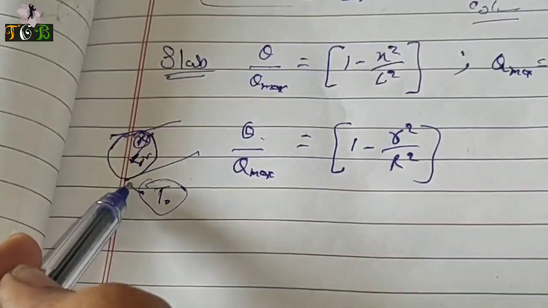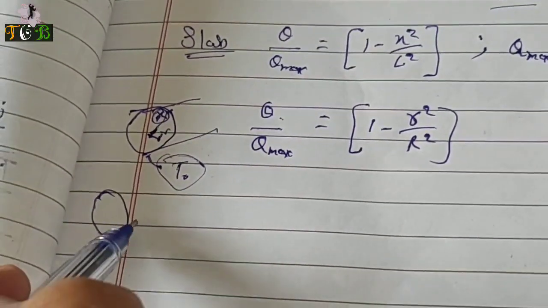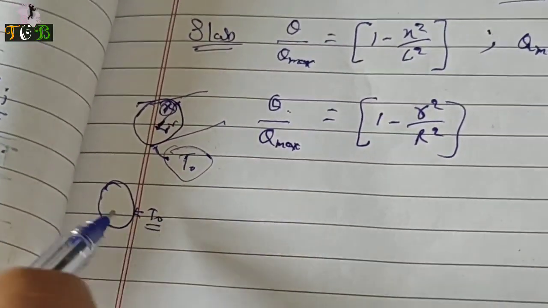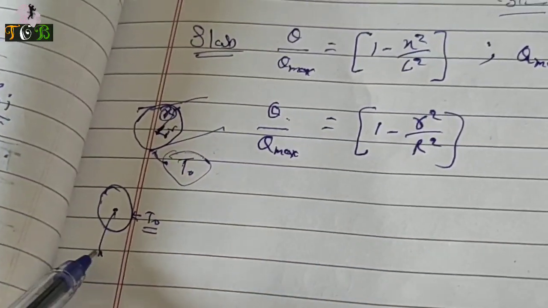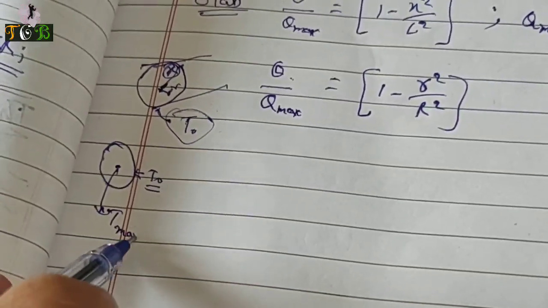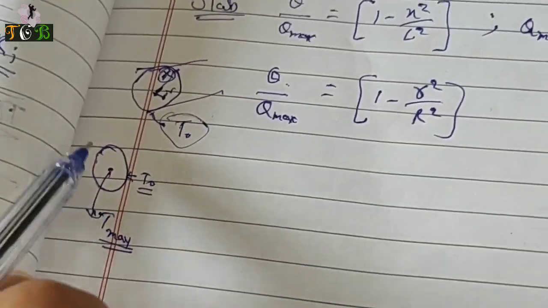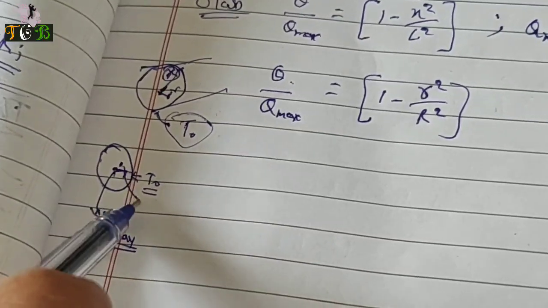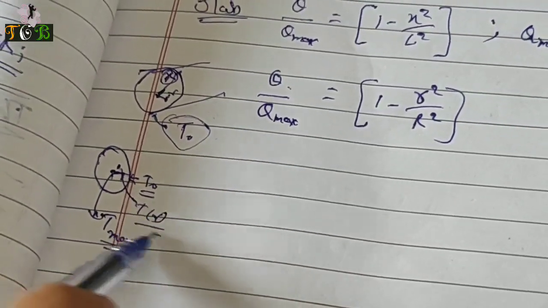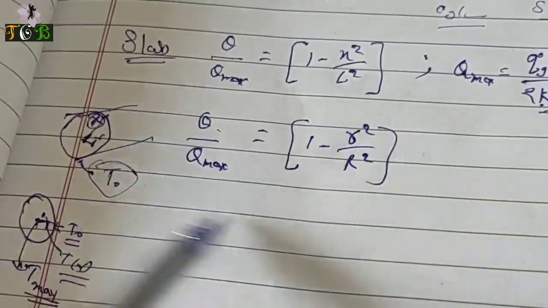The temperature at the outside is T0, and at the center there is the maximum temperature, Tmax. At any value of small r, if you want to know the temperature, there is Tr. So it's basically the temperature profile.